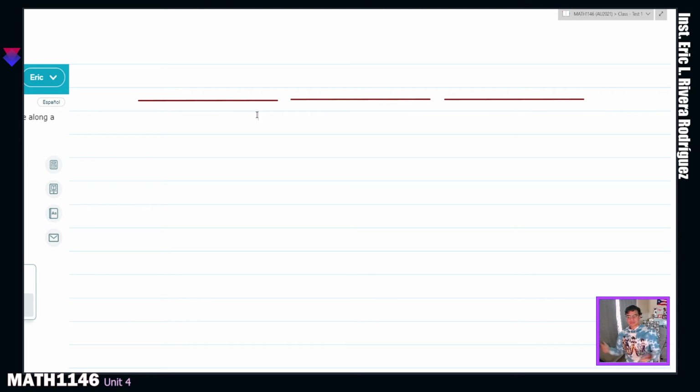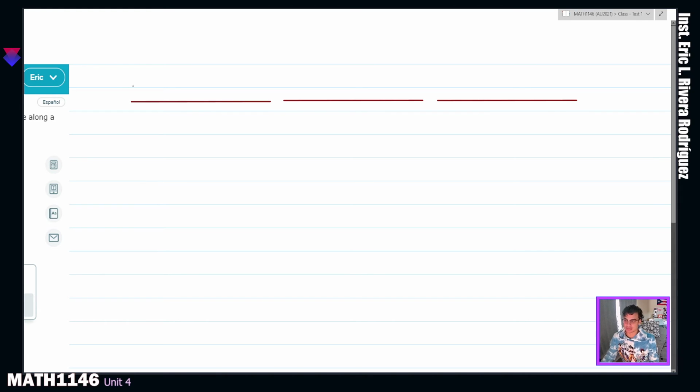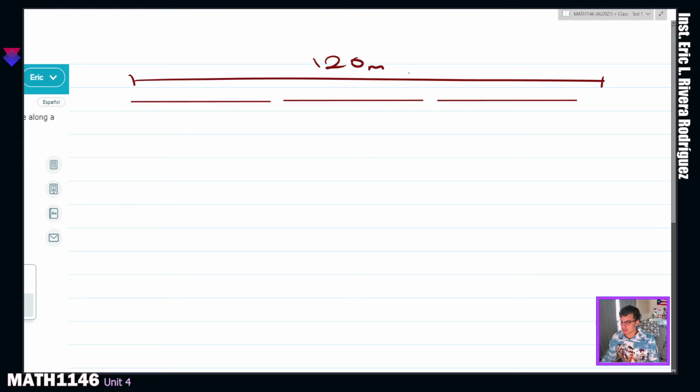So my best representation of my mind right now is getting 3 lines, and if I put them together, this is the amount of fencing that we have. So we have 120 meters of fencing, right?